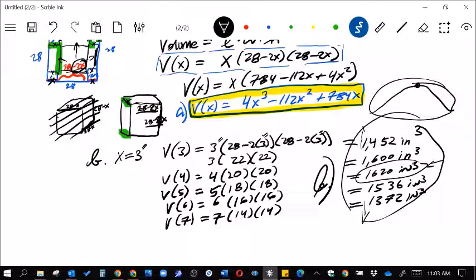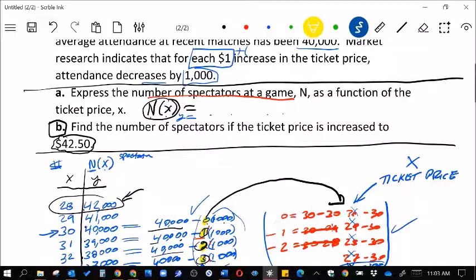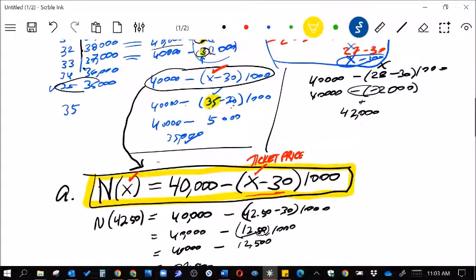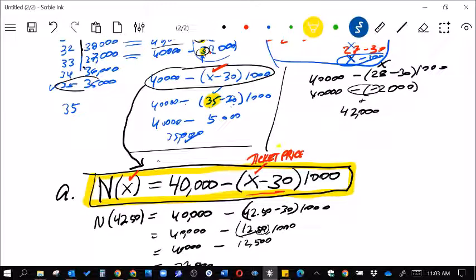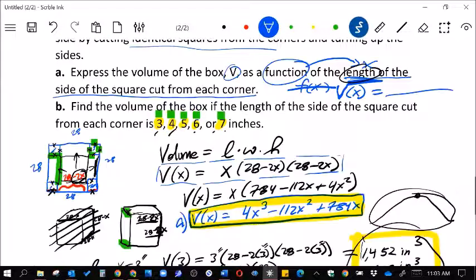So in both of these problems, what we've determined is how to make functions based upon a certain particular variable, or not yet actually unknown, but rather something that will change.